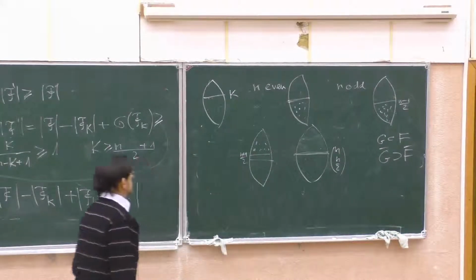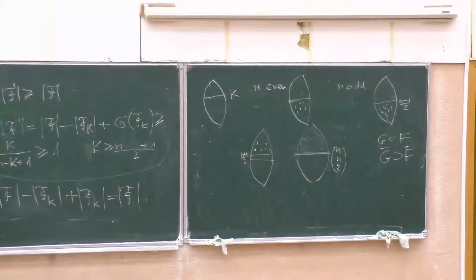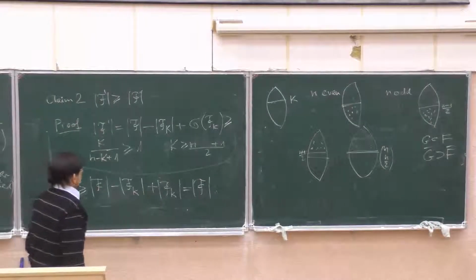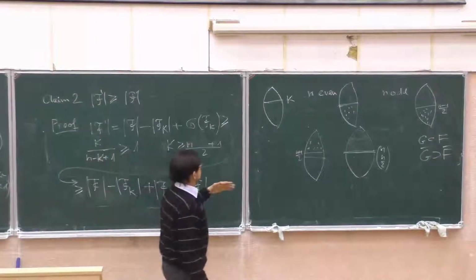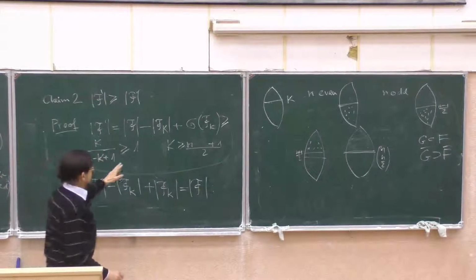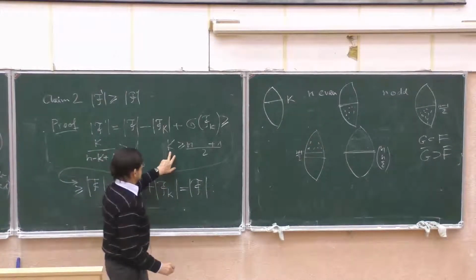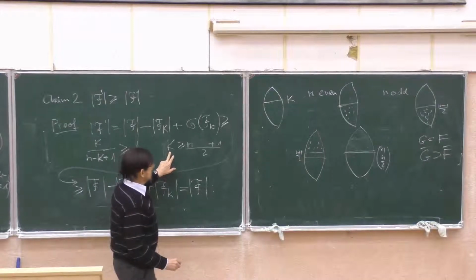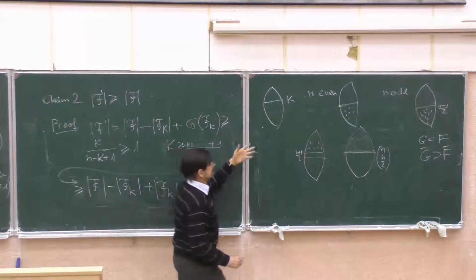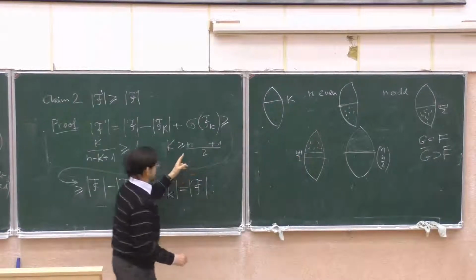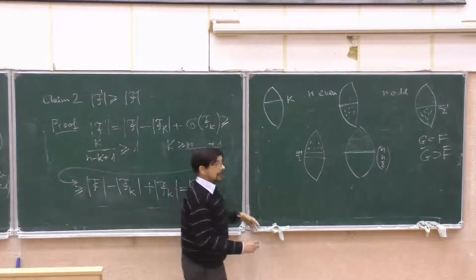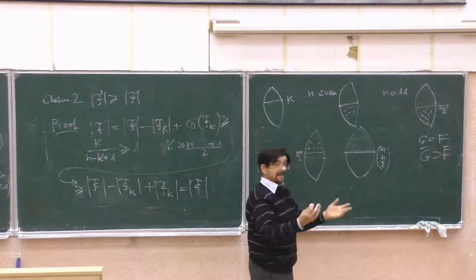Let me note that in the case when n is even, then in each step we have a strict inequality. So when k is more than n/2 plus 1, so it's above the middle, then we have a strict inequality. And strict inequality here, so we increased.